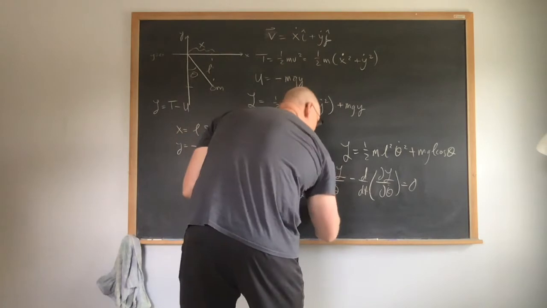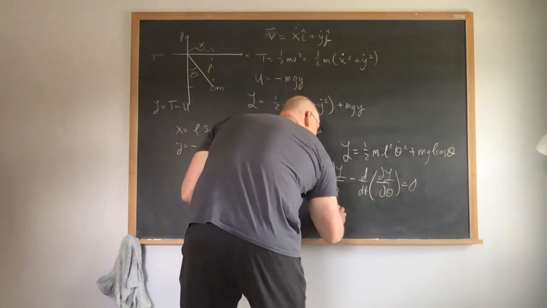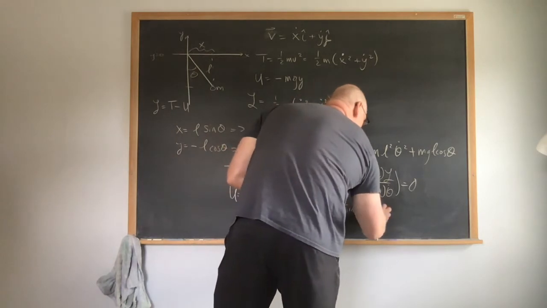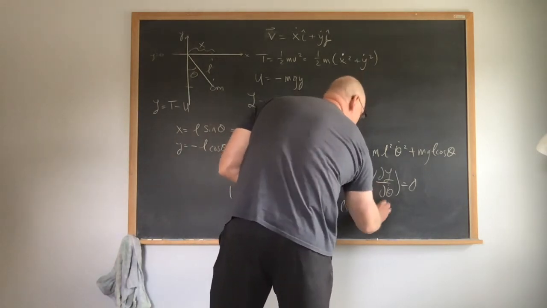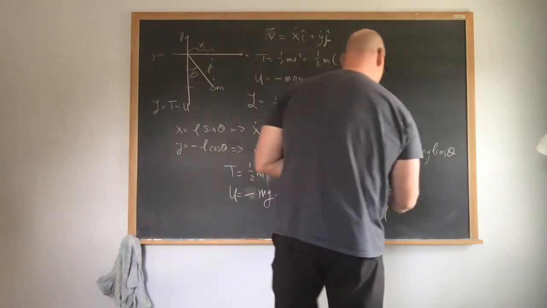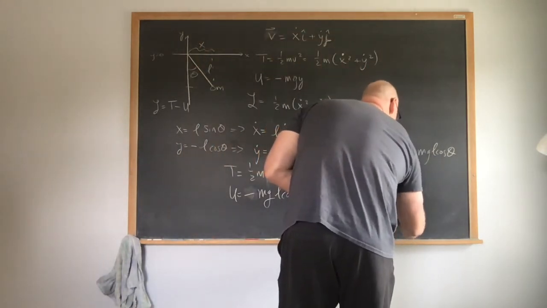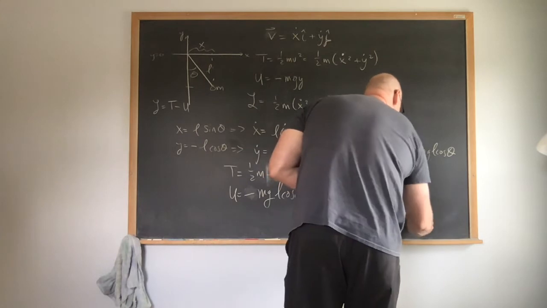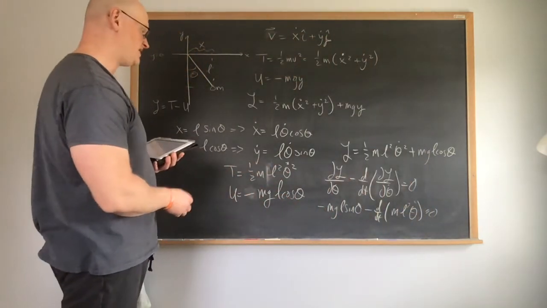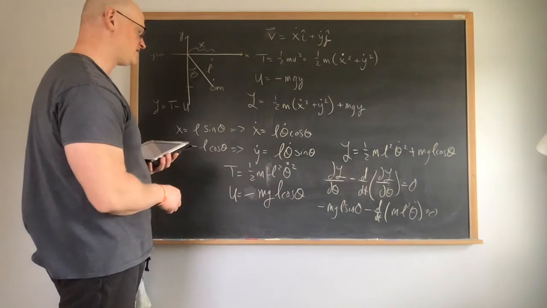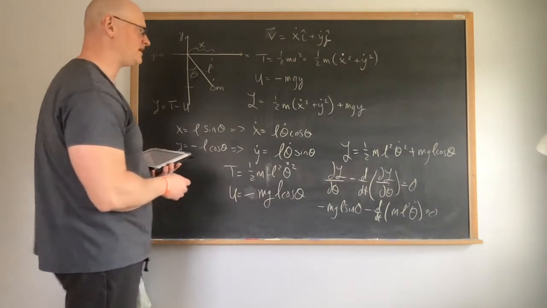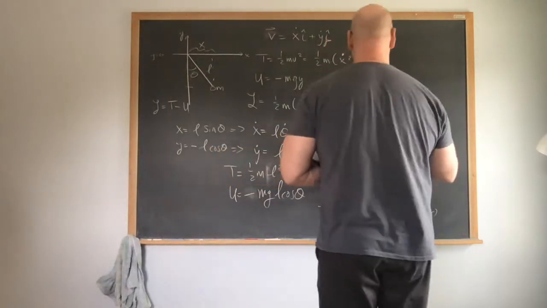So we get a negative mgL sine of theta, minus the time derivative of the derivative with respect to theta dot, which gives m L squared theta double dot, equal to 0. Those are going to cancel, at least the negative signs.